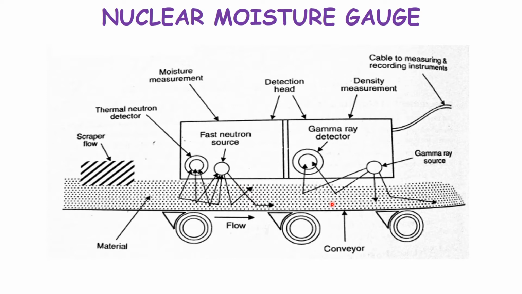And to find out the density of the material, the gamma ray detector sends the light with the help of the source, and that gets reflected. So the measurement moving on to your detector tells you the density. If we want to record these measurements for further calculations, we have a cable that goes to your recording instruments.